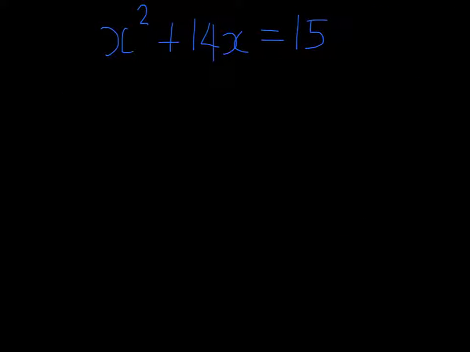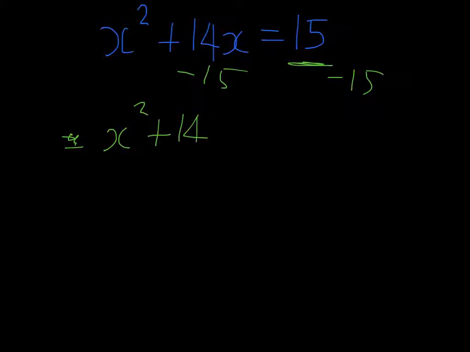You might get quadratic equations that look like this one. You'll notice that on this side, it is not equal to 0. So we want to put this term onto the left-hand side so that it will be equal to 0. We need to subtract 15 from both sides. So our equation is x squared plus 14x, take 15, equal to 0. Then we can solve it.